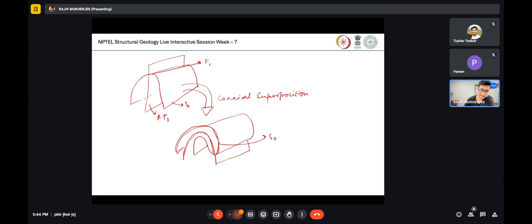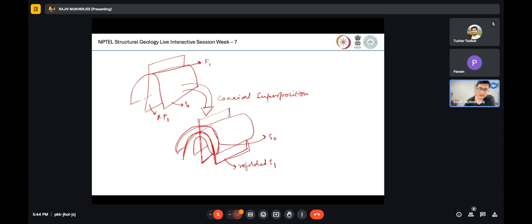This layer, this is your refolded S1, and this will be your new axial plane. So coaxial deformation will generally mean the new axial plane and the old axial plane are parallel to each other.